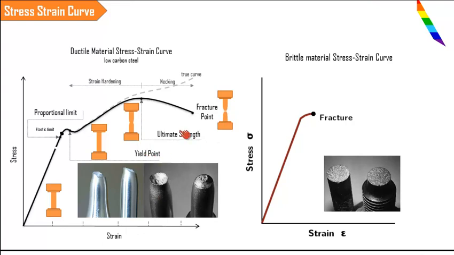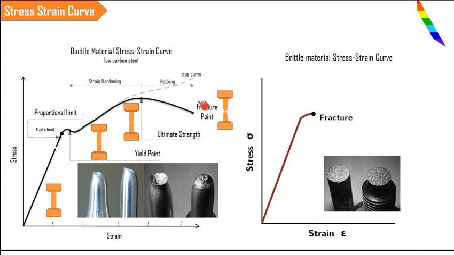So these are some important points: ultimate point, yield point, elastic limit, proportionality limit, all those things. And necking is going to start from this particular point. There are some other important points that we have to note down from the stress strain curve that we will discuss in the coming slides.